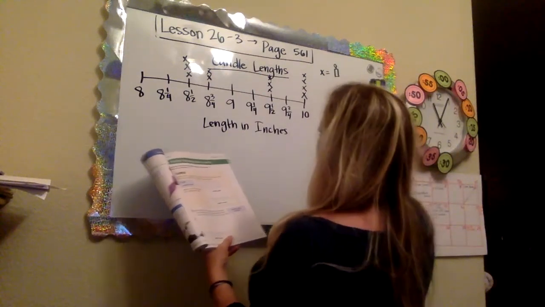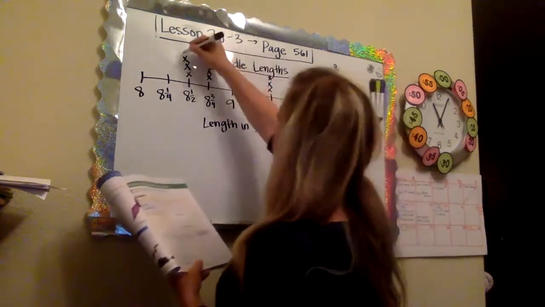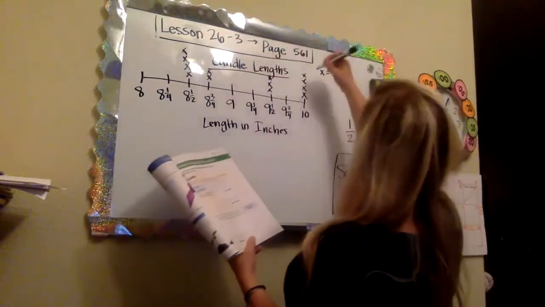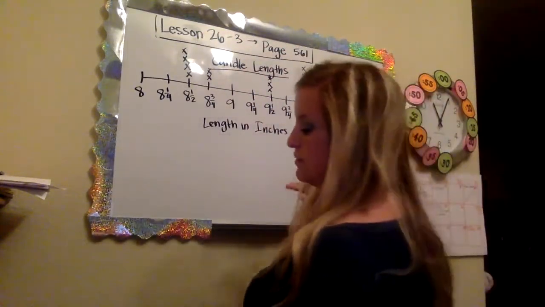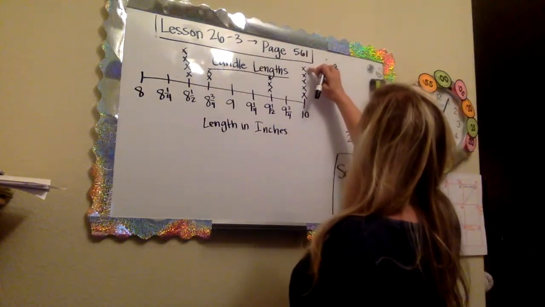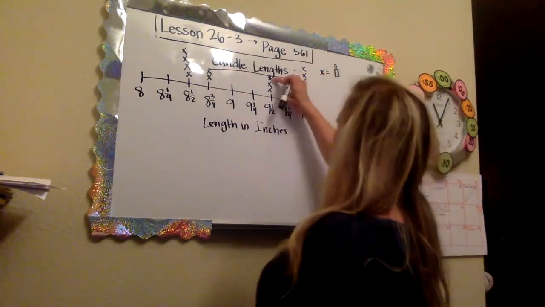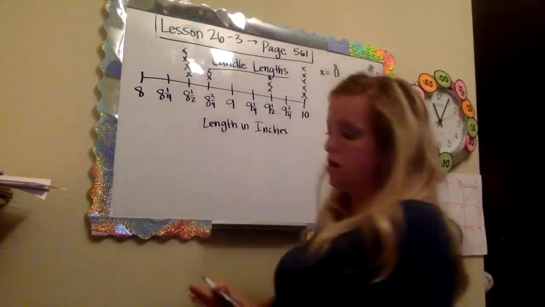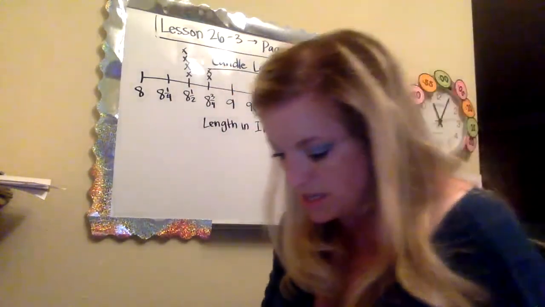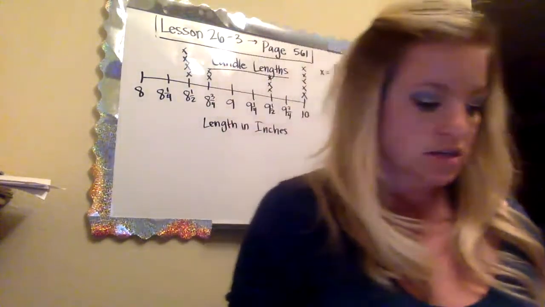I can't remember if I did 8 and 3/4. I think I did 8 and 1/2 and 10. So now I need to make sure that I have 14 X's because that's how many candles I have. 1, 2, 3, 4, 5, 8. 8 plus 2 is 10, 11, 12, 13, 14. Awesome. So that is your practice.